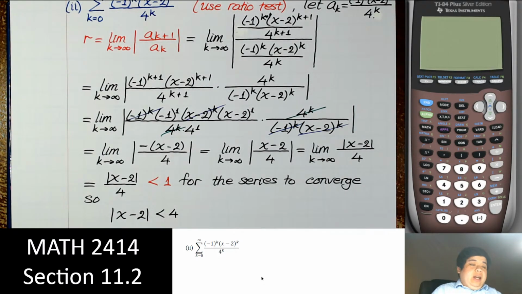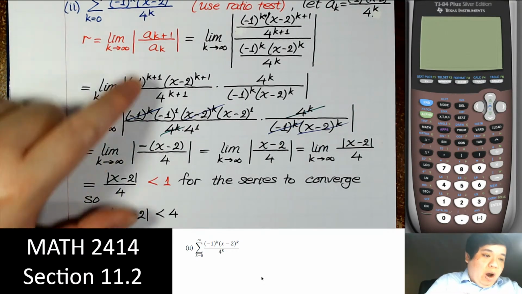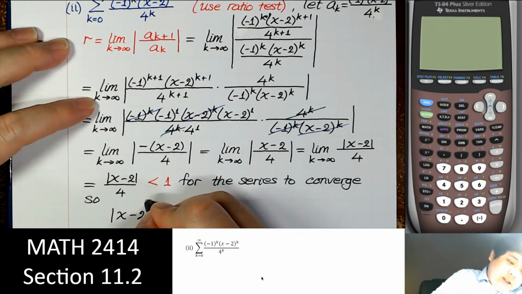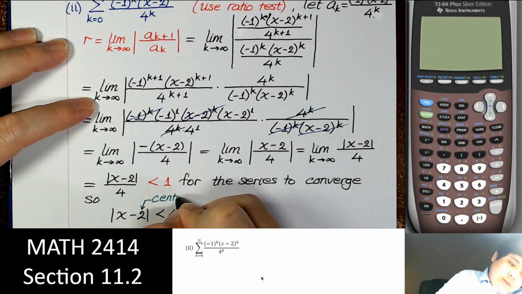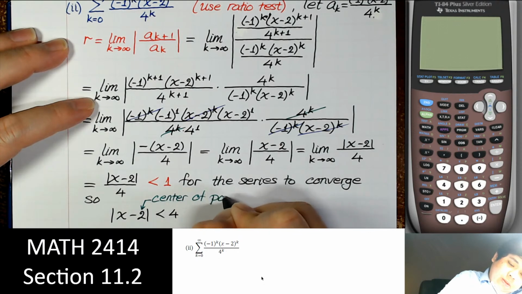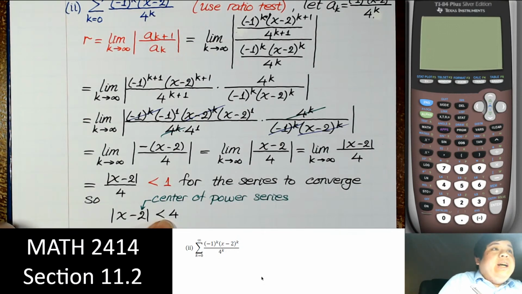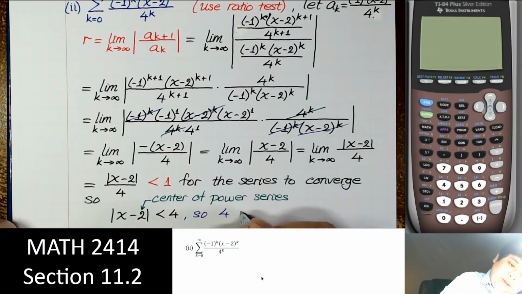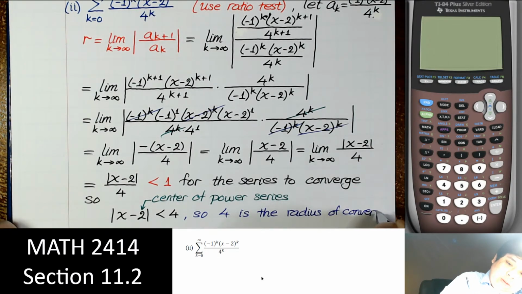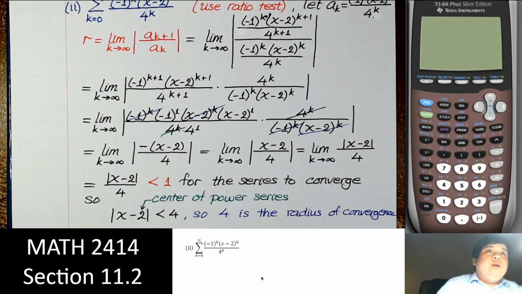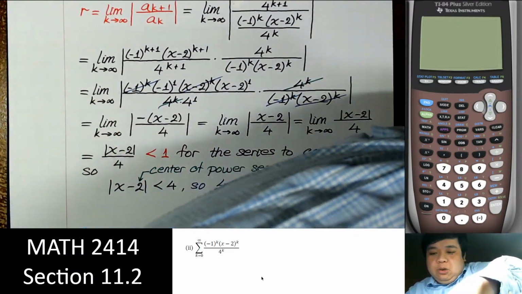And we have that. And now when we write it like that, the 2 obviously is the center of the power series. And 4 in this case will be the radius of convergence. So the radius of convergence. So let's draw a number line here.